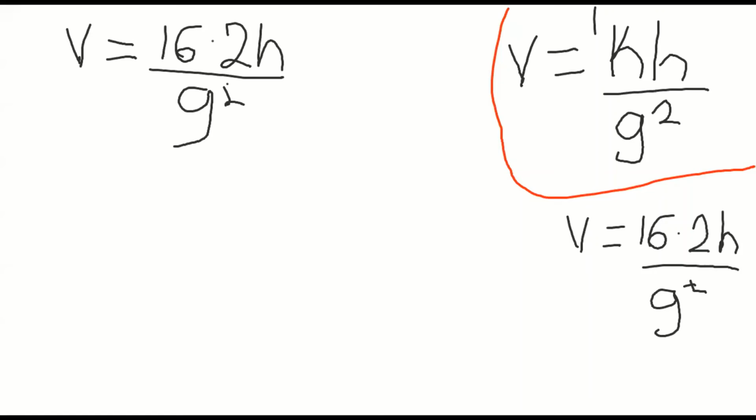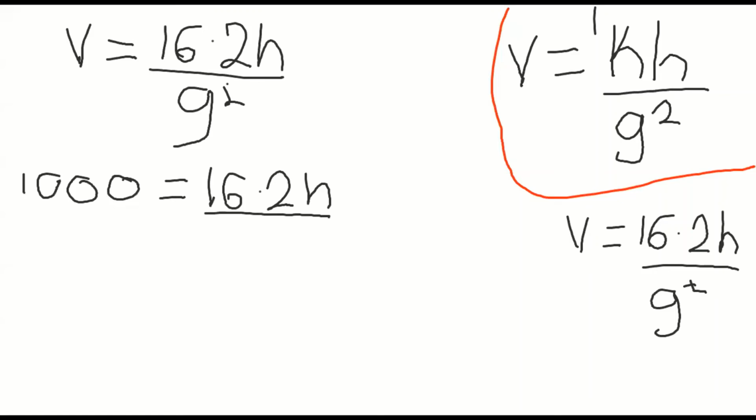So they gave us the volume as 1,000. So we substitute it in: 1,000 is equal to 16.2 times the height, which is unknown, out of the girth 2 squared.